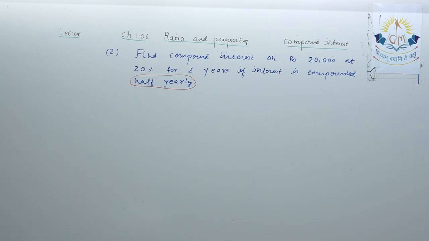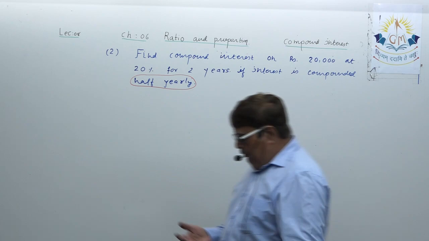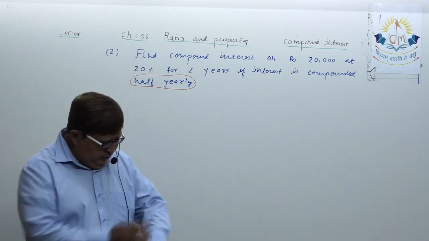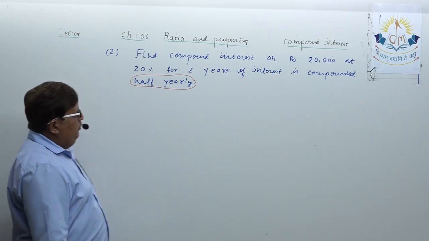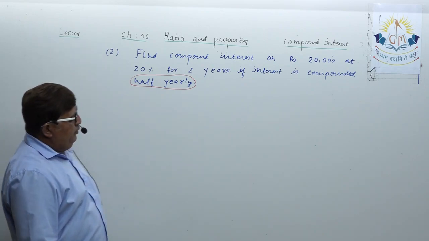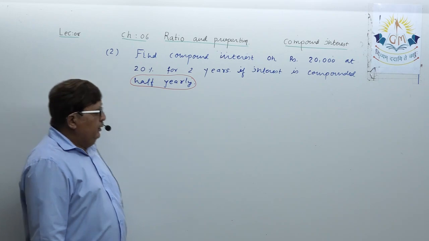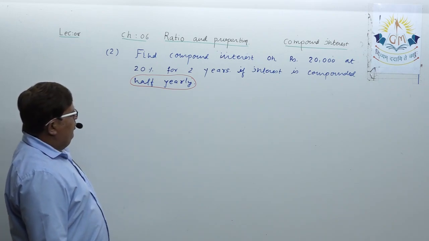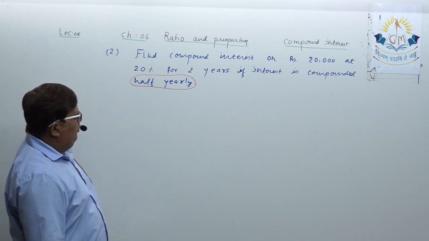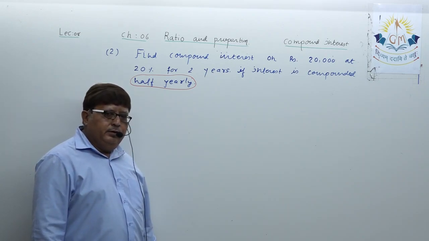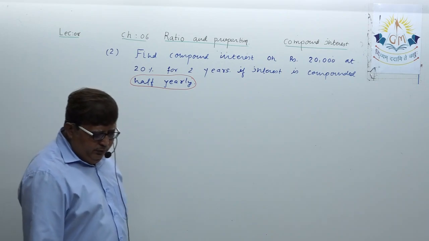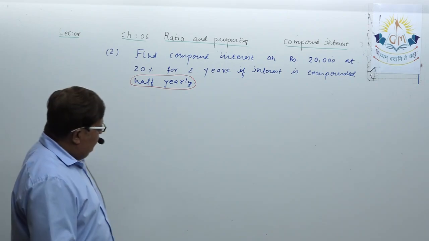From this word you are going to count the change in rate of interest, and at the same time you are also going to count the change in period, that is n. Both are very important points.